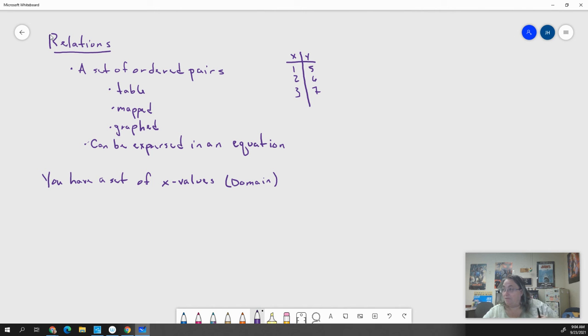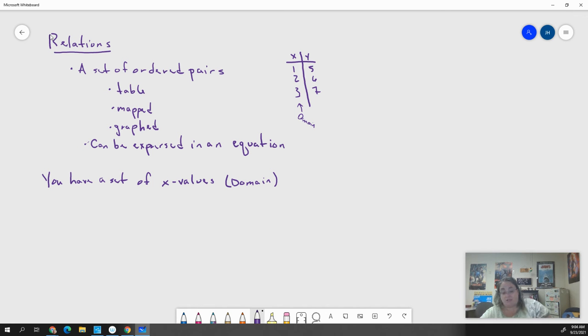And then you have a set of Y values, right? In this case, this is our set of X values. This would be our domain, right? Domain's considered our independent variables, right? Domain determines what your output is going to be. Whatever we put in for X determines what our Y is going to be.